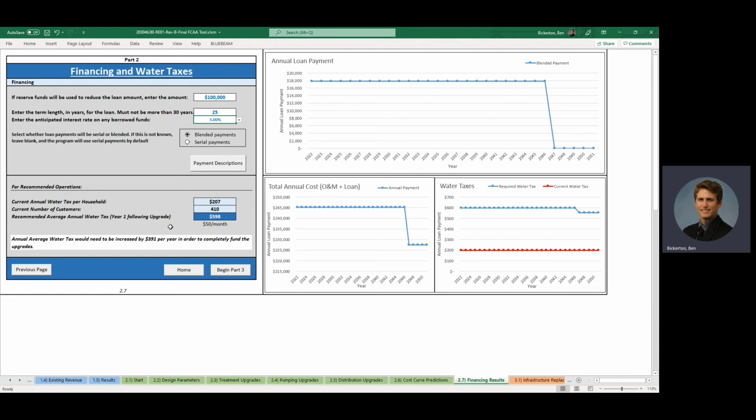And the recommended average annual water tax to finance these upgrades and the new O&M costs is up to $600 per year. So the tool summarizes that the average annual water tax would need to be increased by close to $400 per year to completely fund these upgrades that we've considered. So that's the primary output for part 2 of the tool.